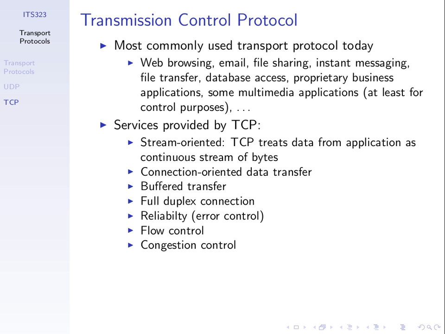Okay? We don't want that to happen. Flow control is about making sure the sender doesn't send too fast such that it overflows the receiver. And TCP implements some flow control mechanisms so that the receiver tells the sender how much it's allowed to send so that it's not overflowed.